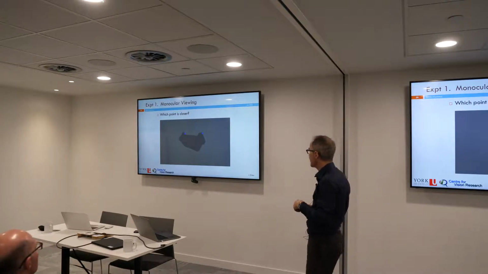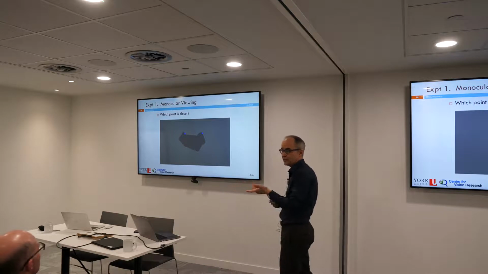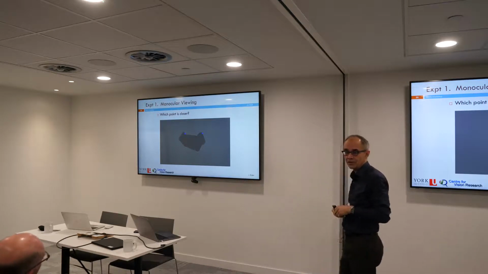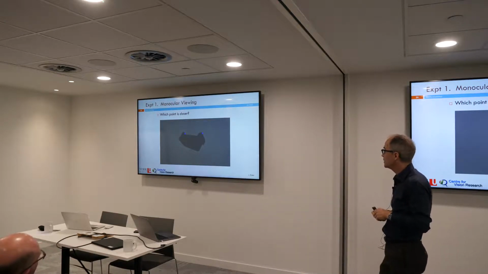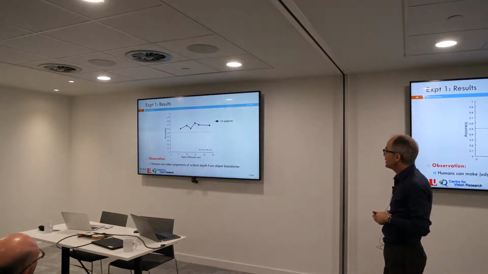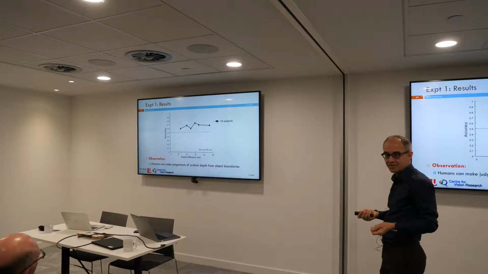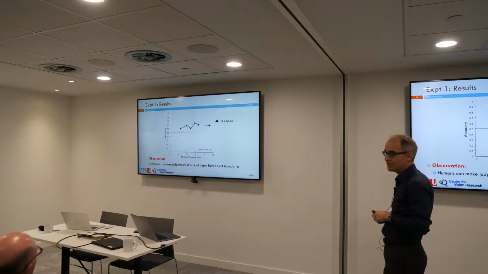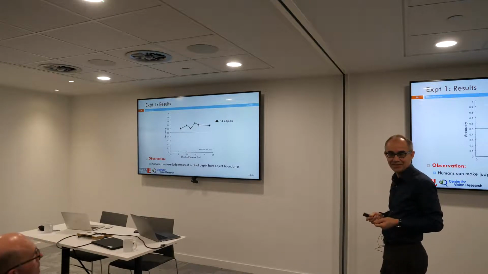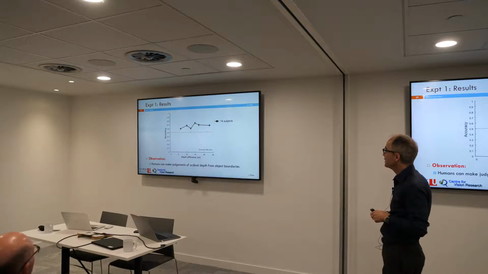So the question is, can you judge which of these two points is closer to you based only on the shape of the occluding boundary? The answer is that on average, yes, humans can do this task above chance. We're not spectacular at this, for sure, but there's certainly information there, and humans are able to use some of that information.